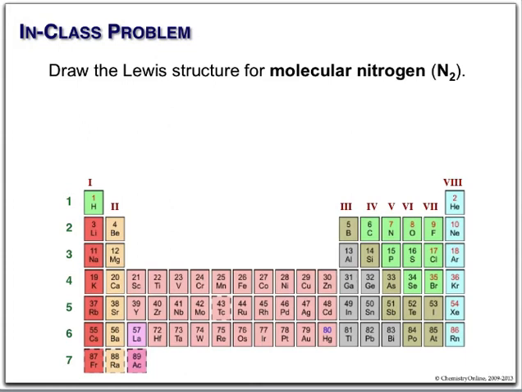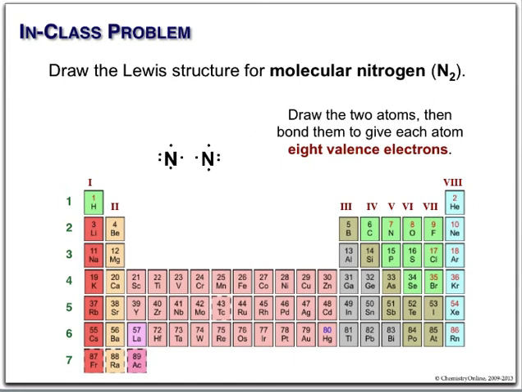Molecular nitrogen. Well, nitrogen is in group 5. We have 2 of them. I'm going to put them next to each other in order to form bonds between our 2 nitrogen atoms. We can form one bond with these 2 electrons, no problem, but that would give us 1, 2, 3, 4, 5, 6 electrons around the nitrogen. What we're going to have to do is to take these extra electrons, these unpaired electrons, and simply move them in so that they're paired between.